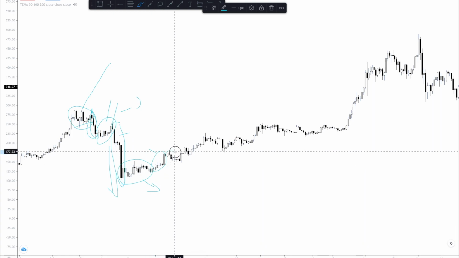Then again we saw a correction, then an impulse, then a correction, then again an impulse. Then over here we saw a larger correction because the price is still moving sideways. It did not move above this high and there were mixed colored candles and the candles were also very small.